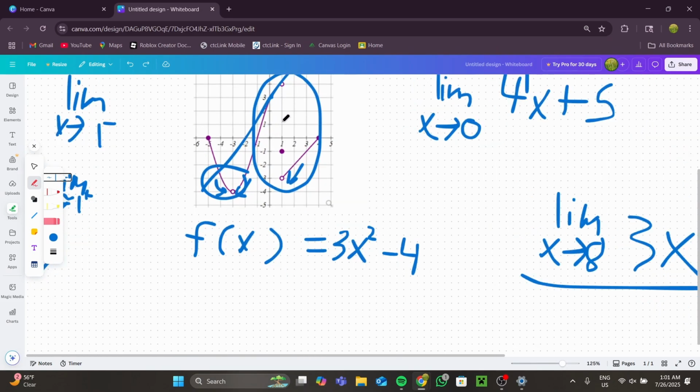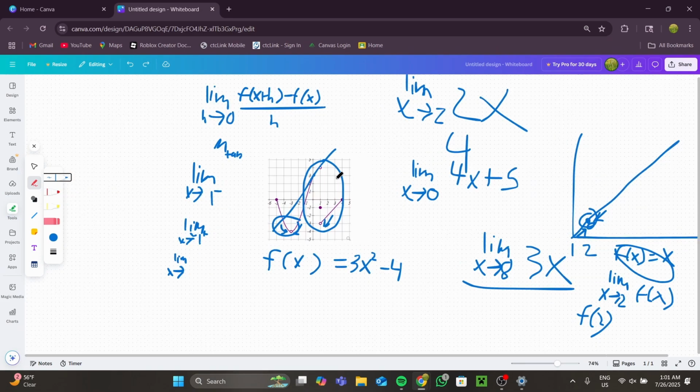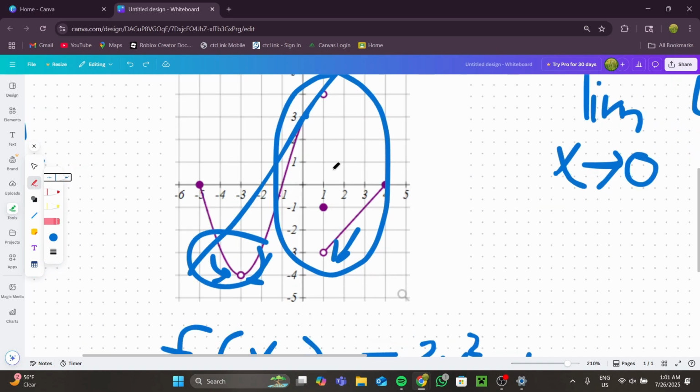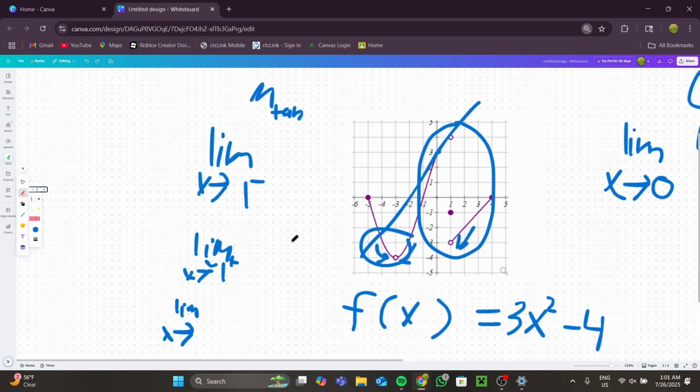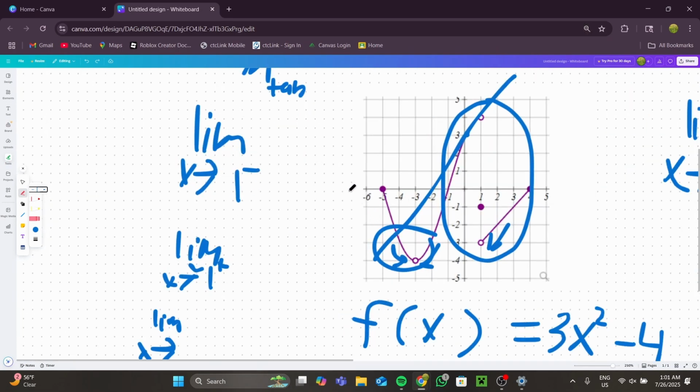Now if we look at this one specifically, I circled it earlier. I can't undo it because it was way back, but let's look at it. Notice from the left, wait, let me write these down. Coming from the minus side, at x equals 1, it's 4. From the positive side, it is negative 3.